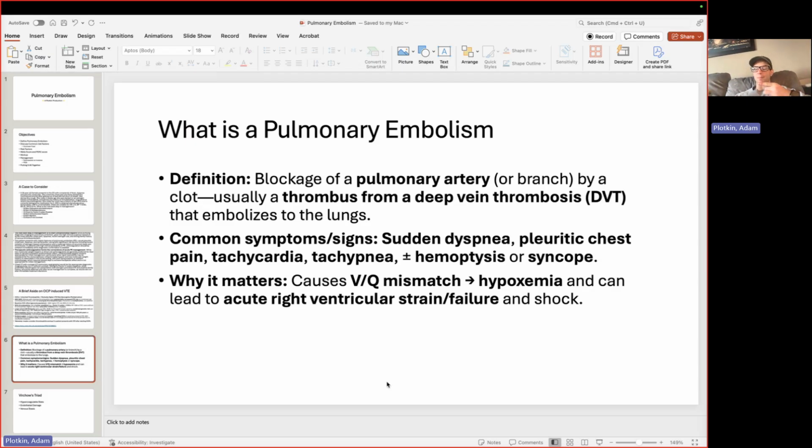We're not able to commit to forward flow. Fluid backs up. We get right ventricle dilation, atrial dilation. Eventually you can get JVD, jugular venous distension. You can get hepatomegaly. This would be more of a chronic picture, but these would all be signs of impending obstructive shock. All right.